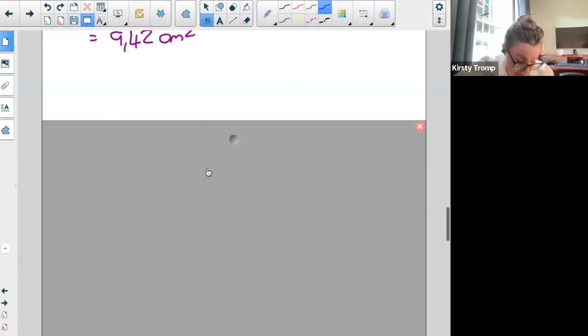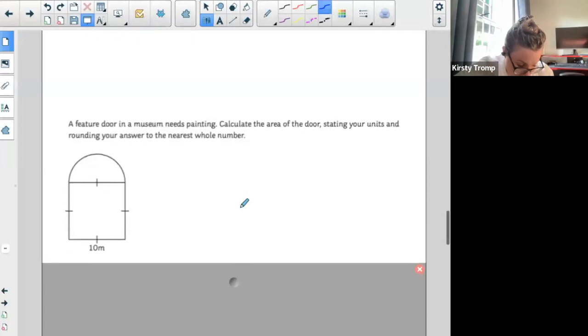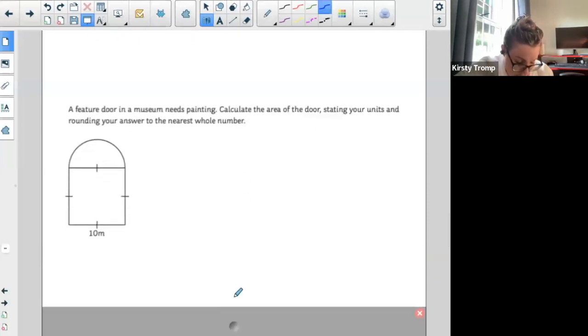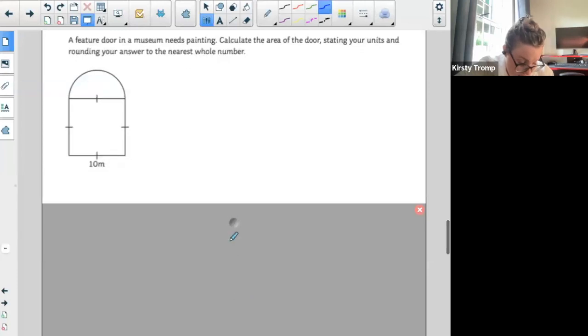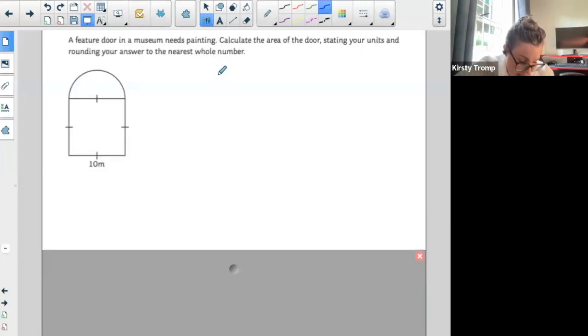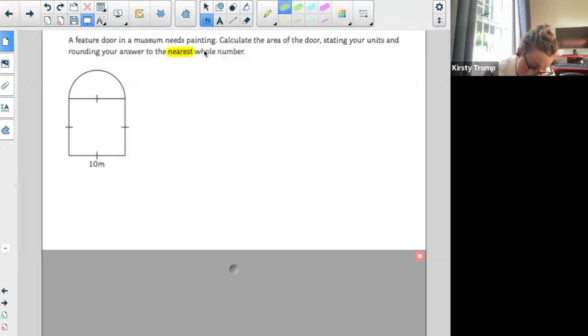All right. Now, there's one last question I want to do with you tonight. It's talking about a feature door in a museum that needs to be painted. We need to calculate the area of the door, stating the units and rounding our answer to the nearest whole number this time.